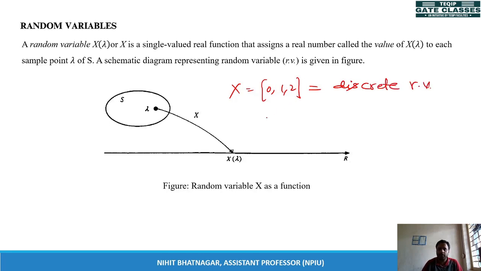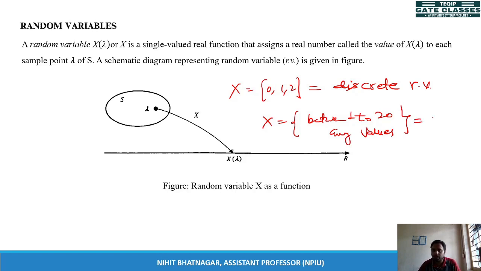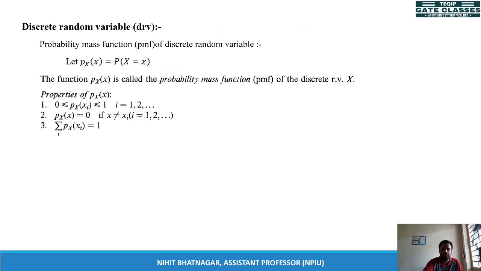Or if a random variable contains values between 1 to 20, any values, but within a finite series, it is called a continuous random variable. So now we first discuss the discrete random variable.